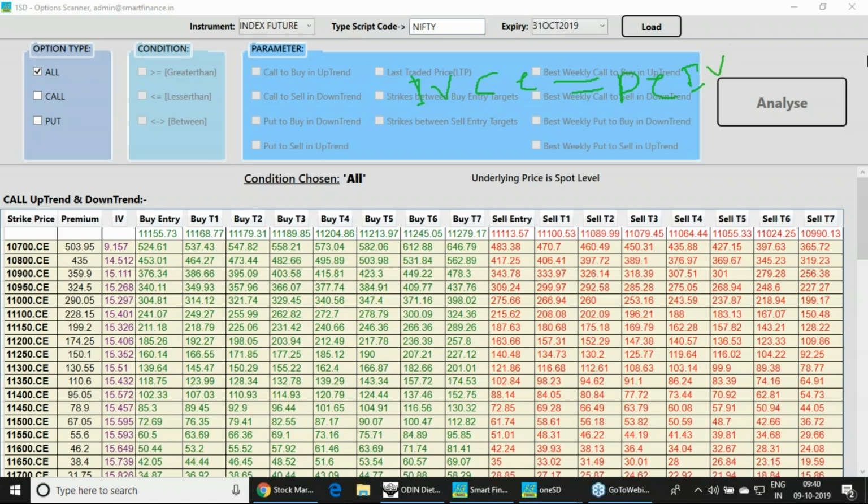In that case, should you trade options intraday or not? Many times you will get this. If the call options and put options have equal IVs, do not trade options intraday at all.